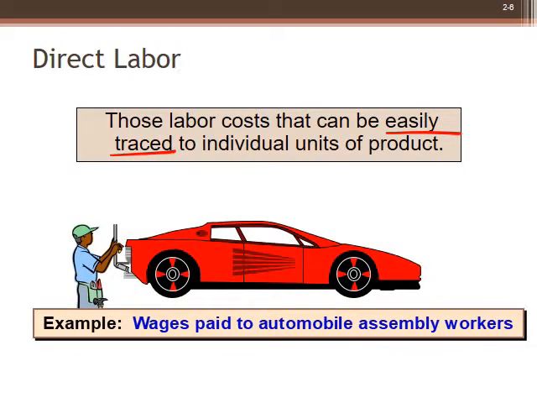An example here is wages paid to an automobile assembly worker, because we can directly trace how many hours the workers work. Or we can easily divide, for example, if in 1 hour a worker assembles three cars, we can just find out the per unit cost or per hour cost of direct labor.